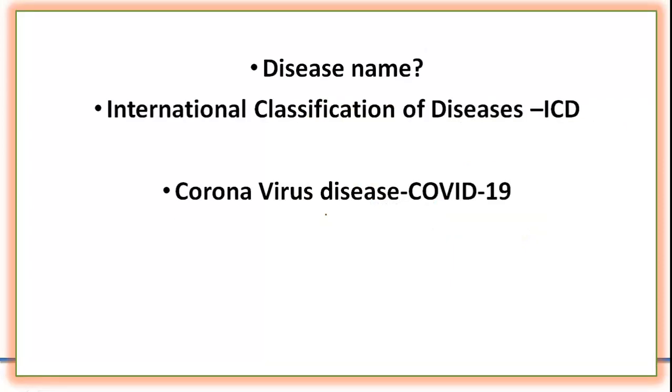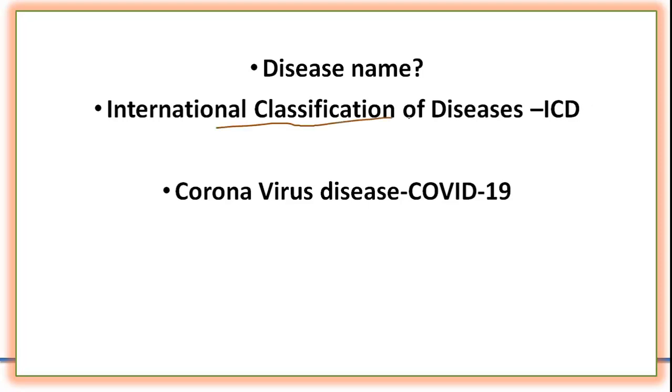Now the disease name. As I told you previously in the previous slide, the disease name is COVID-19. Okay, now who gives this particular name COVID-19? Remember, it is an organization, the International Classification of Diseases. Now they give this particular name for all these new diseases.